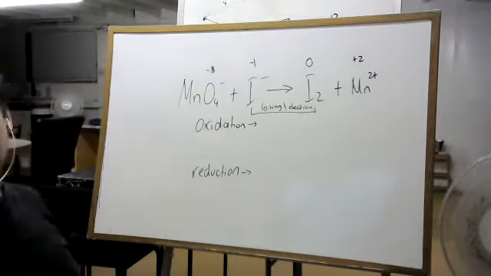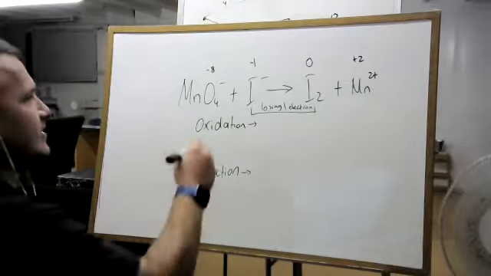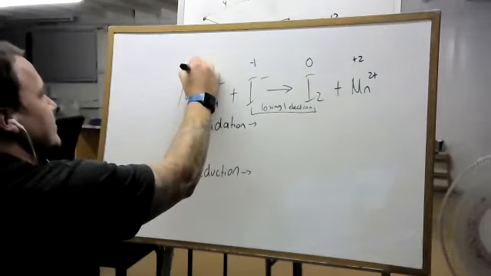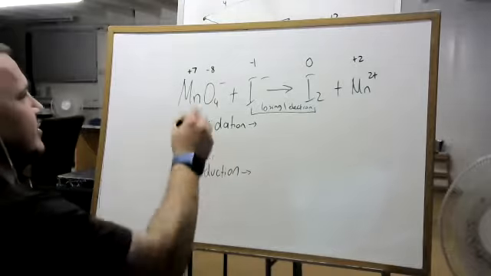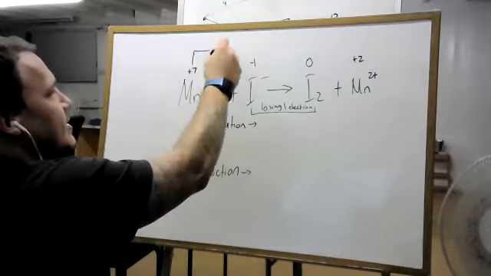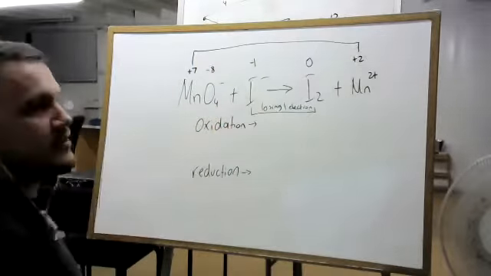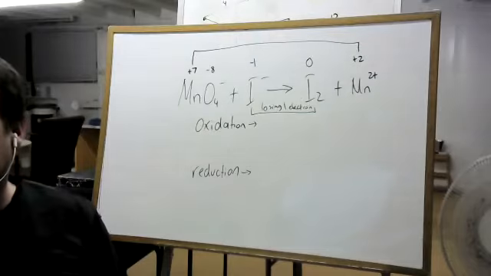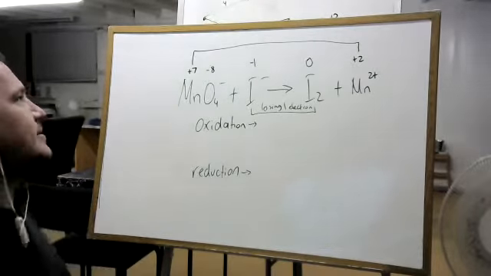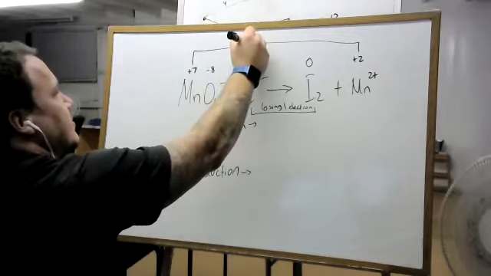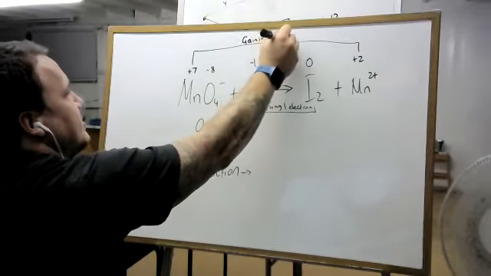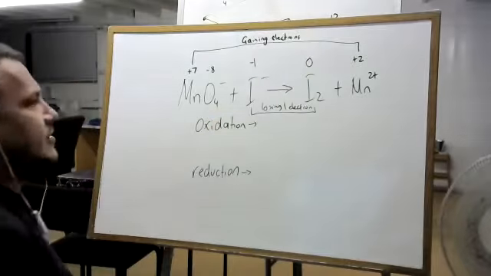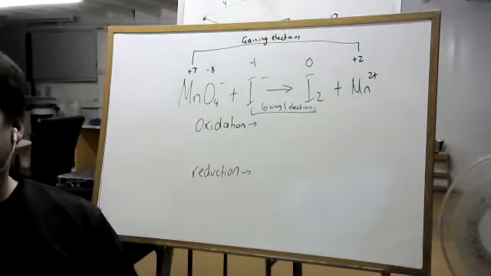So to balance that, we would need to have manganese as +7. So if we look at it, manganese is going from +7 to +2. So it's gaining electrons. And you guys need to be copying this down as I'm doing it, step by step.